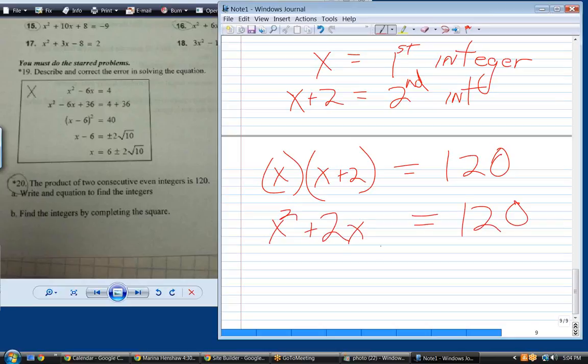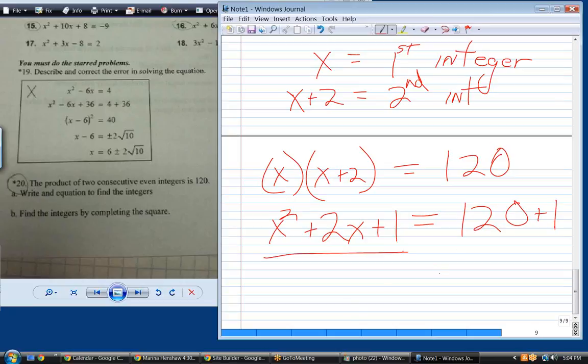Now how can I solve this? How have we been solving this? It says find the integers by completing the square. So let's complete the square. Half of 2 is 1, so you'd add 1. Okay, I'm going to add 1 to both sides. And now I can restate the left side.